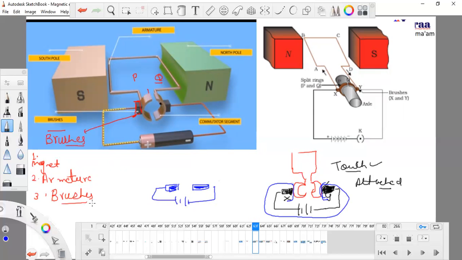So the brushes with the battery are non-movable, and the magnet is also non-movable. The only thing which is movable is the armature. Only this thing is movable.